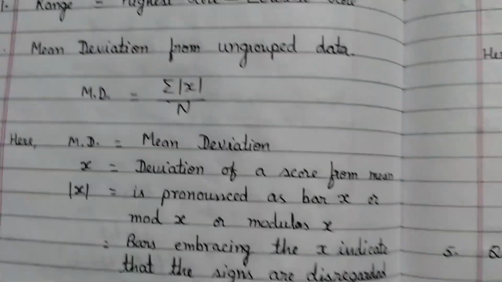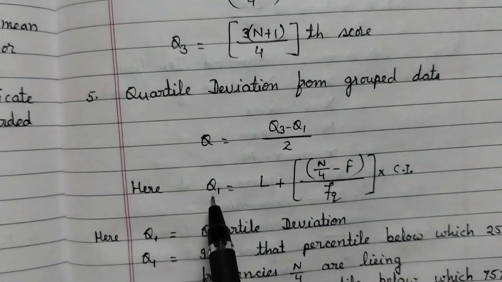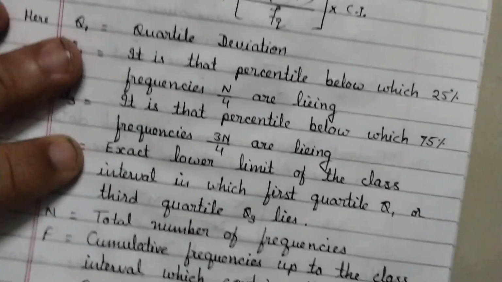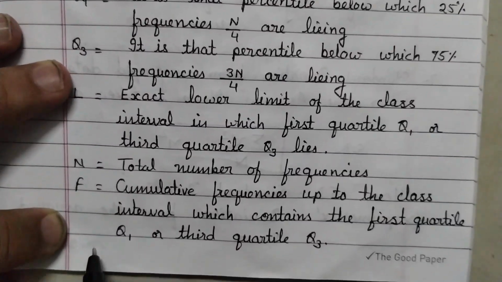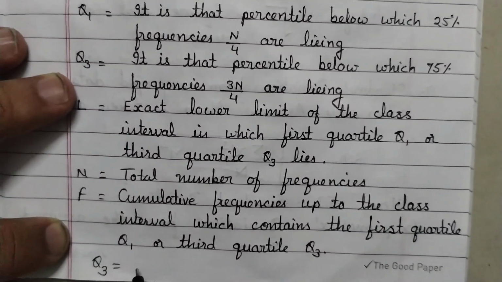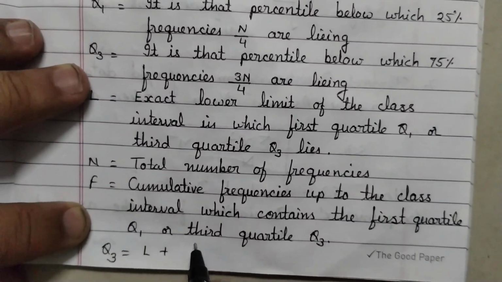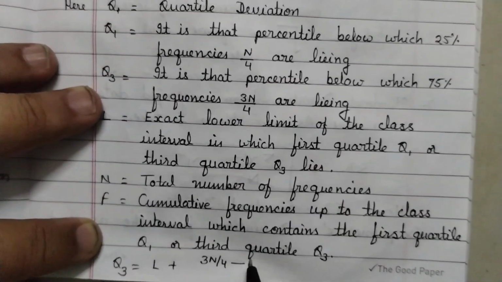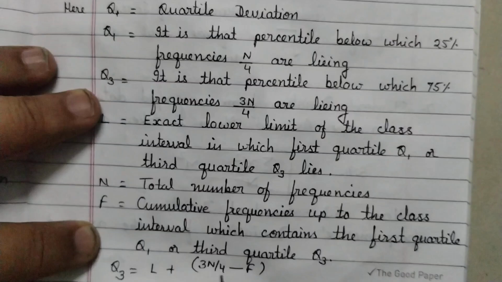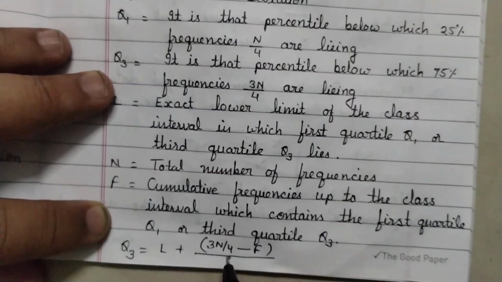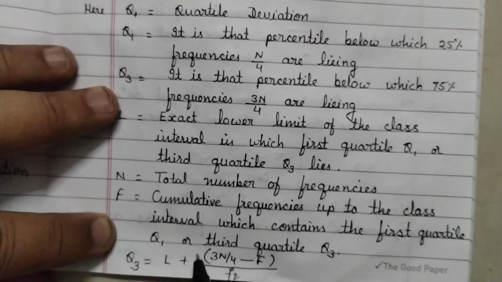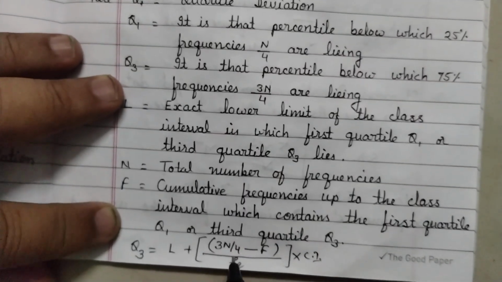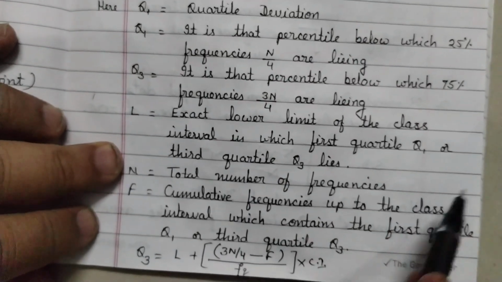Here one more equation, as Q1 is to be calculated, similarly I am writing here Q3. How is Q3 to be calculated? Q3 is equal to L plus (3n by 4 minus capital F) within one bracket, whole divided by FQ and multiplied by CI. 3n by 4 means 75th percentile.